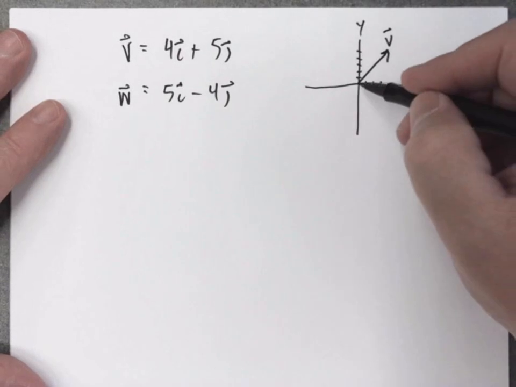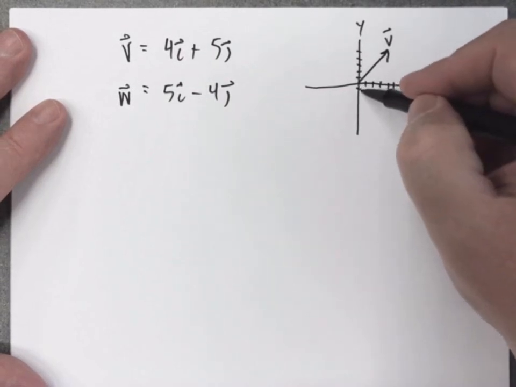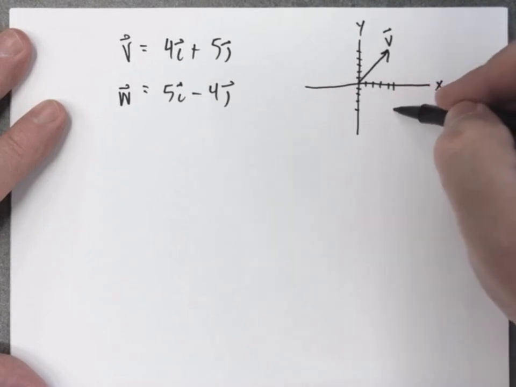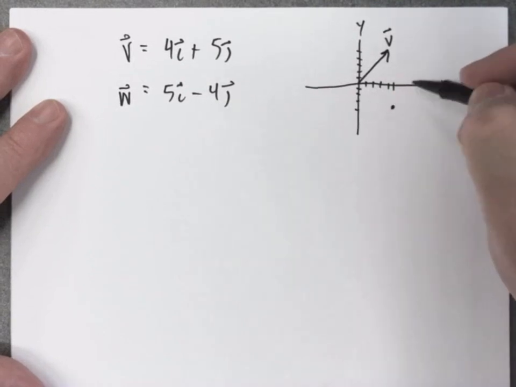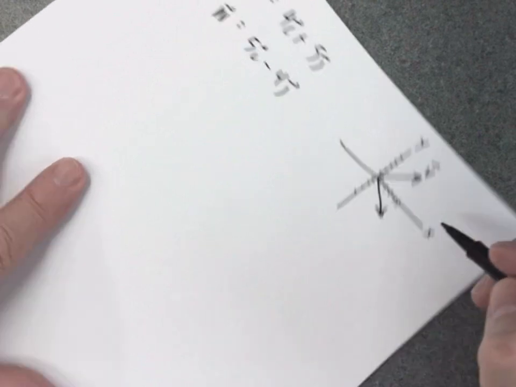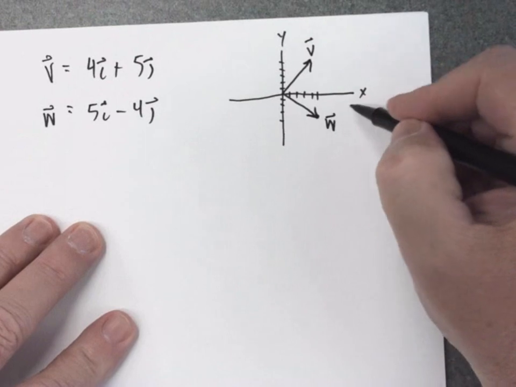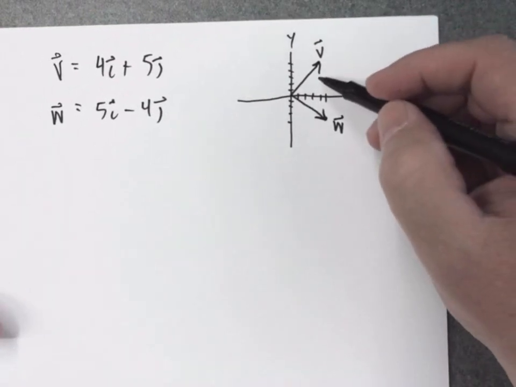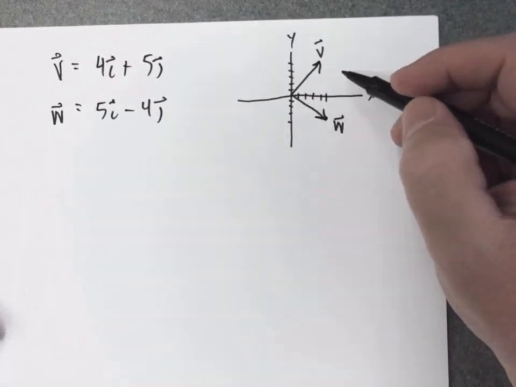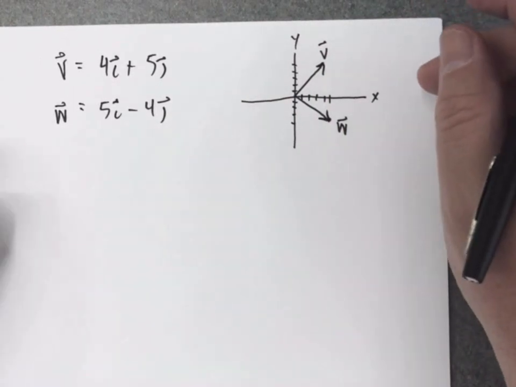Now vector w is 5i, and then minus 4j. Now from the looks of it, this could be a 90-degree angle, but you don't know for sure until you actually do the math.